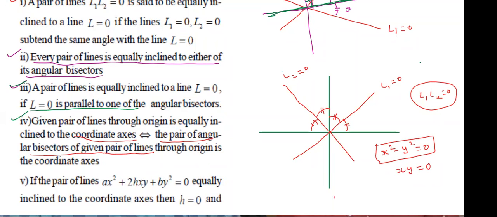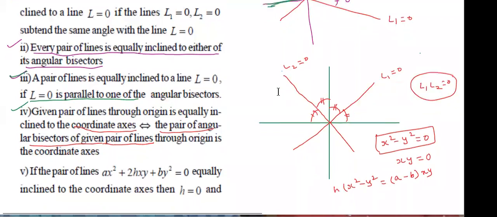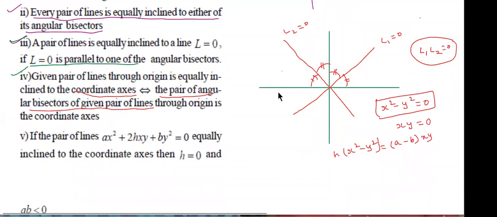How we got that? What is the formula actually? h into x square minus y square is equal to a minus b into xy. This is the pair of angular bisector equation. So in this pair of lines, identify that a value is 1, b value is -1, h value is 0.